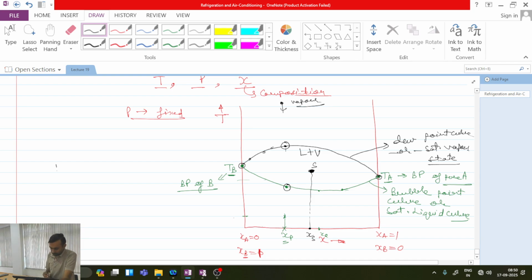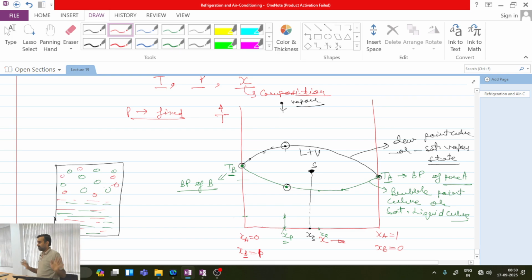So if I go to my vessel, in the vessel I will be having liquid of A, liquid of B, and at the top vapor of B and vapor of A. Is this one clear?